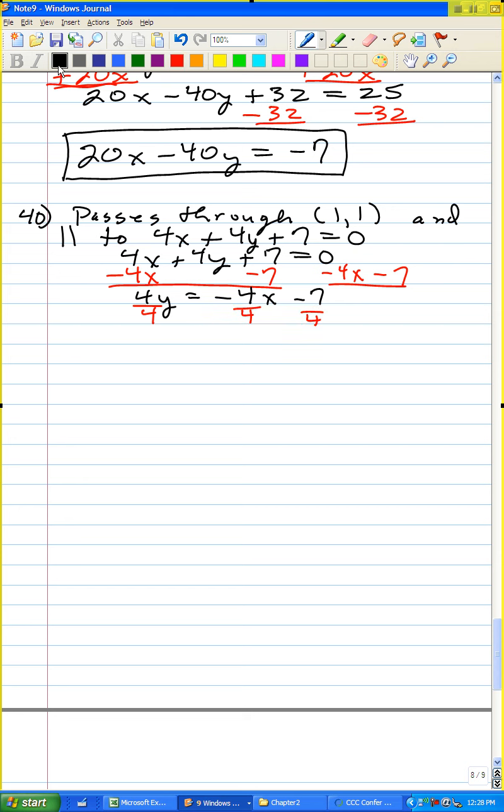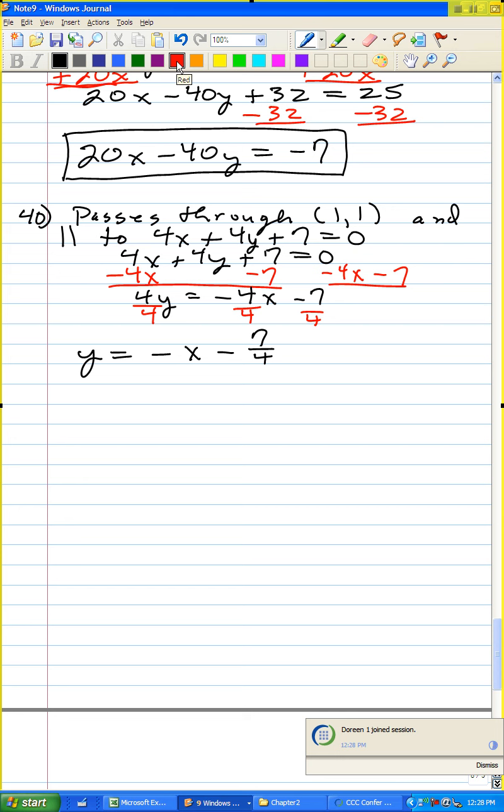And so y is equal to negative 1x minus 7/4. Okay, and so in this case, the slope of this line is negative 1.